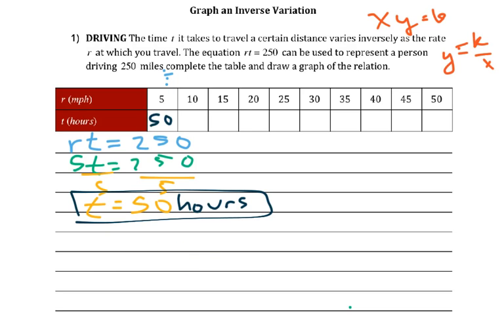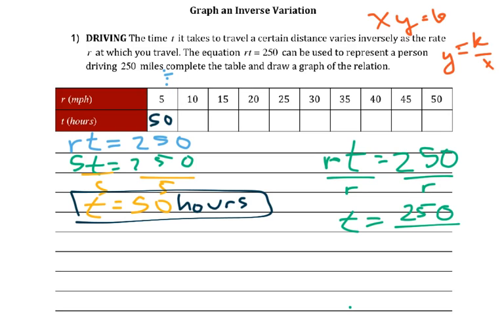Or I could say, well, let's take rt, which is my inverse relationship, is equal to 250, and since I'm always plugging in r, I'm going to get r to the other side, and I'll have t is equal to 250 over r. And then I'm not going to bother showing work for this. I'm just going to do 250 divided by 10, 15, 20, and so on.